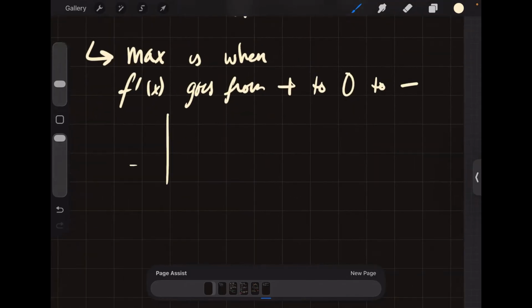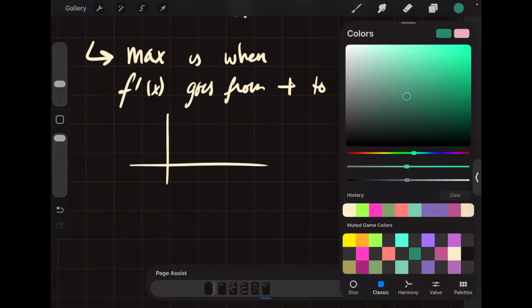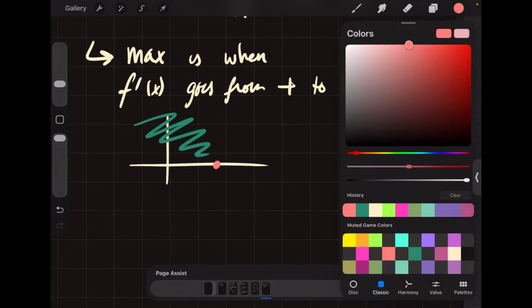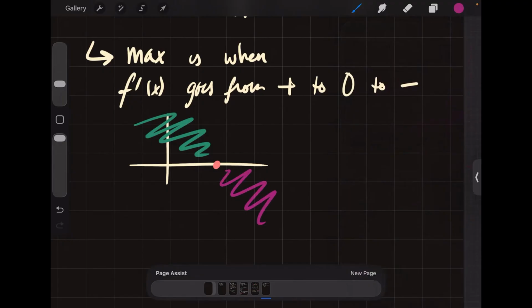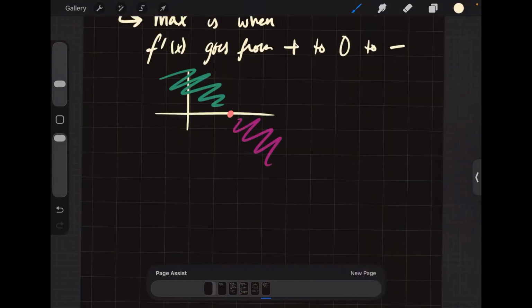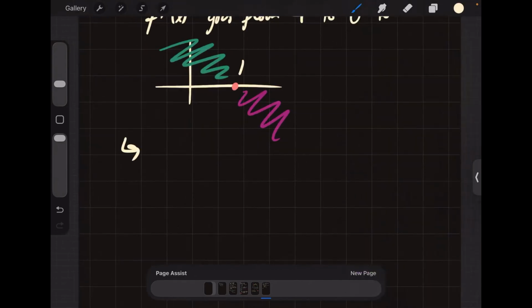That is to say, the derivative function goes from up here, and then it hits 0, and then it goes under. Does that make sense? In the same way, you have, oh, and this is your max, of course.